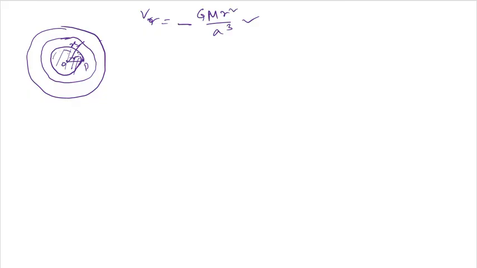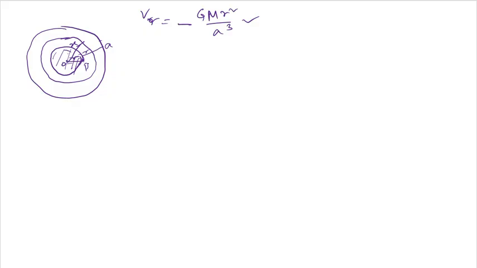From where to where do we integrate? Up to here we got the potential. Now from here to here, x will vary from r to a, correct? We'll vary x from r to a.